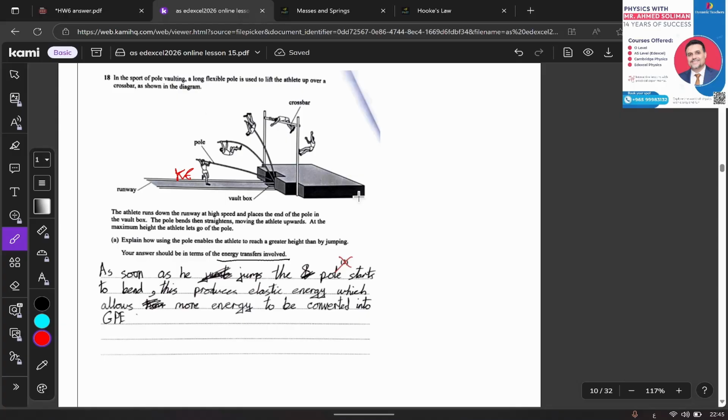Perfect. Then it converts to elastic potential energy when the pole bends. Yes. Then gravitational potential energy plus kinetic energy. We can ignore kinetic energy, no problem. Okay. So now can you solve the question? Explain how using the pole enables the athlete to reach a greater height.